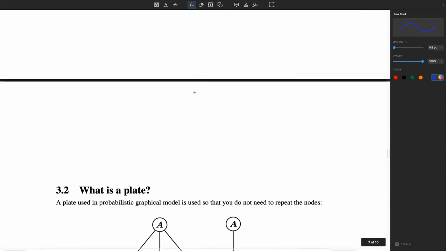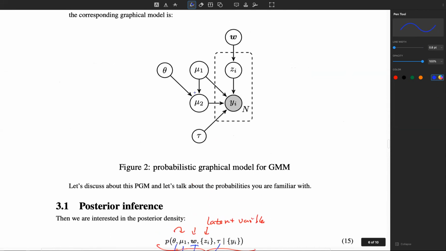Sorry, I think you also see something else, which is this. What do you think this thing tries to do? Take a guess, I think it's fairly intuitive. Why do I draw a rectangle around it and have a letter N? Because I have N data points.